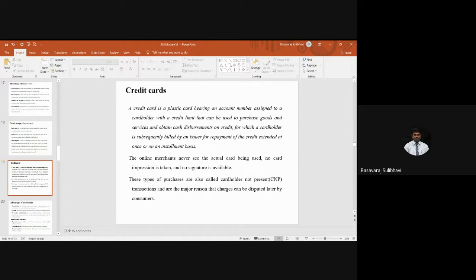These cards have a certain limitation on the amount which those people can take in the form of credit, whether they are buying something or withdrawing money from a source like ATMs. So that will have a certain limitation.